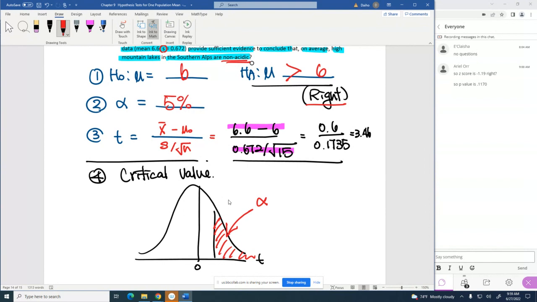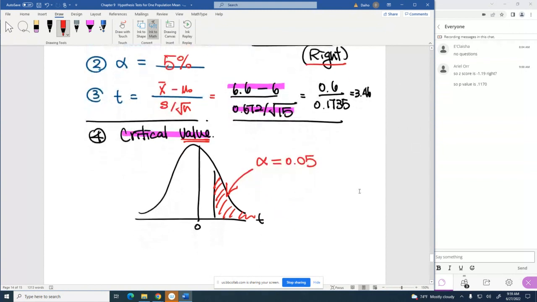How much was the alpha? Alpha is 0.05. And now, what do we need? The critical value. Before, I said many of you confuse the z-score and the probability. Now we need the t-score. The t-score will be the critical value.